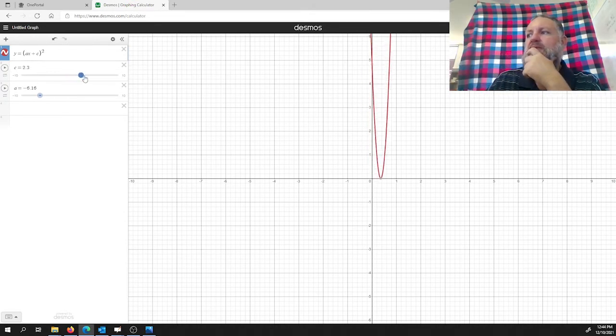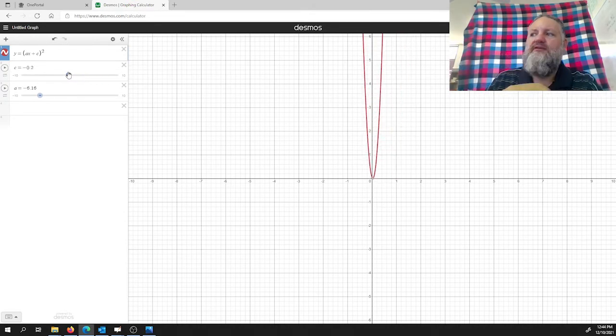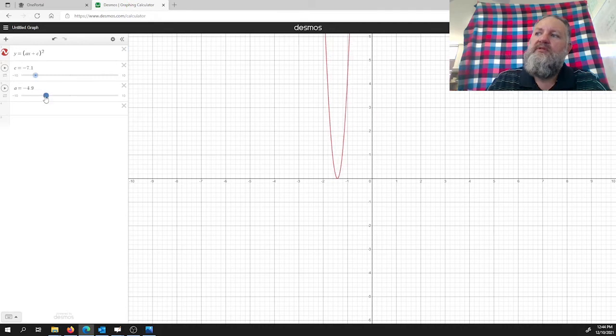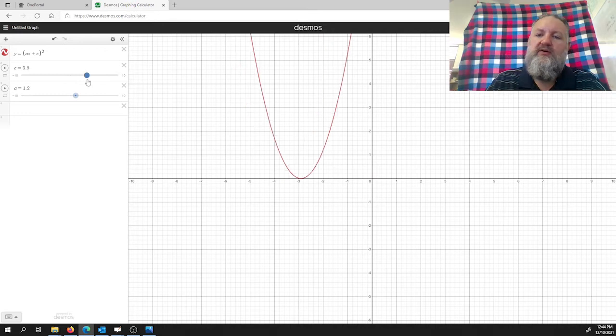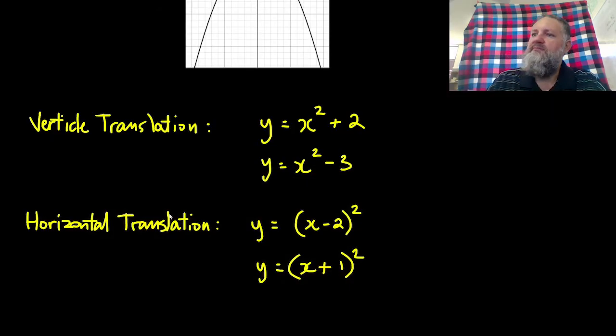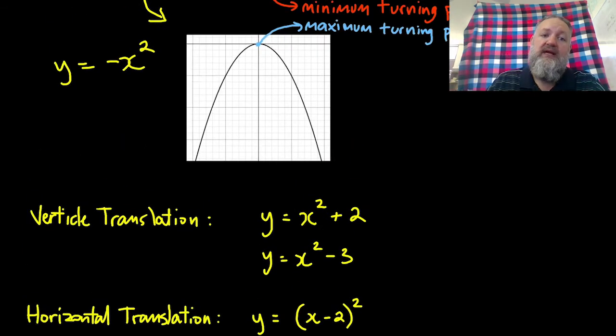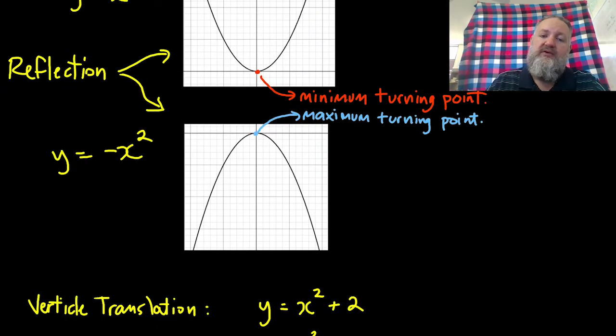If we move our c value now, I'll make this a little less steep, but you can see that our c value moves it horizontally, back and forward. So once again, for parabolas we have horizontal translation and vertical translation. They also can be reflected around their turning point.